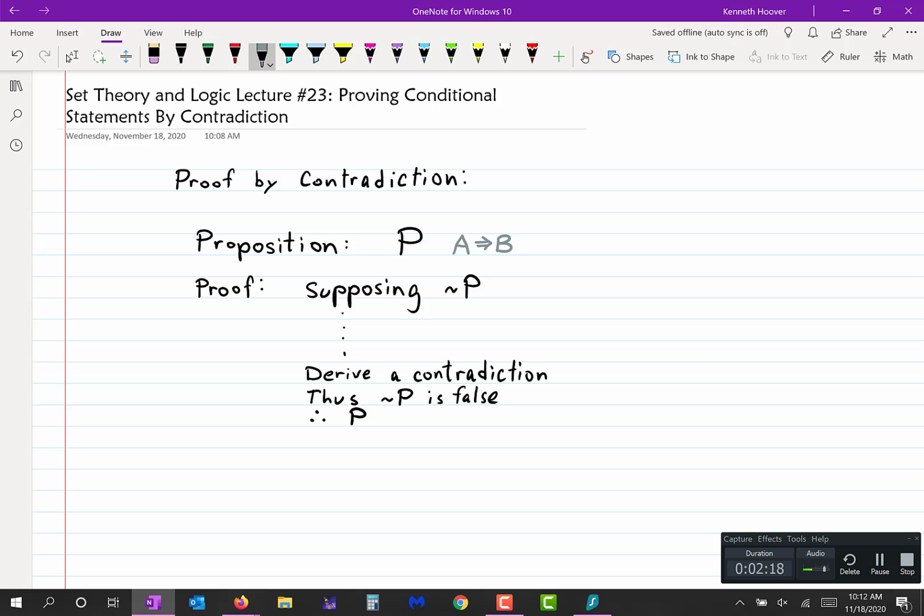Now, you guys are doing pretty good on this, the negation of a conditional. A lot of people get this wrong, but in this particular class, I remember on the test, you guys actually are picking it up pretty well. The negation of A implies B is a conjunction. It is A and not B.